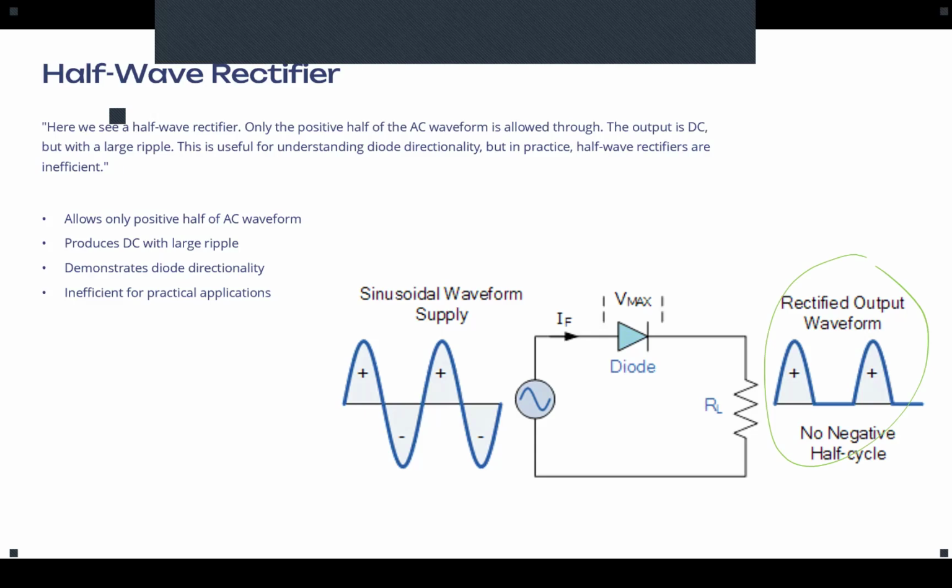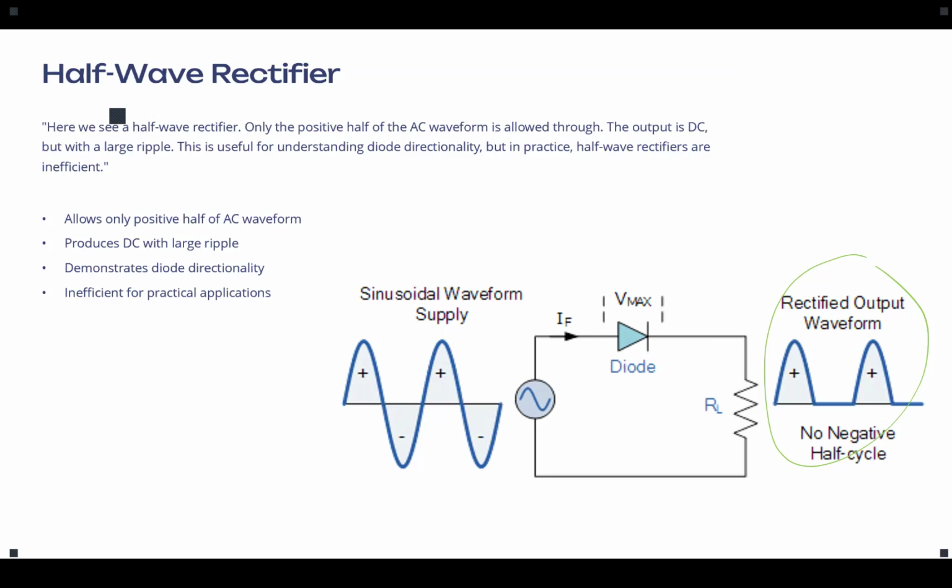This is not going to happen in reality. When you have a positive half cycle, you are in forward bias, so the current passes through and you have a voltage over your load. When you are in reverse bias, when the source voltage is negative, no current conducts, so the voltage across your load is zero. This is a half-wave rectifier.